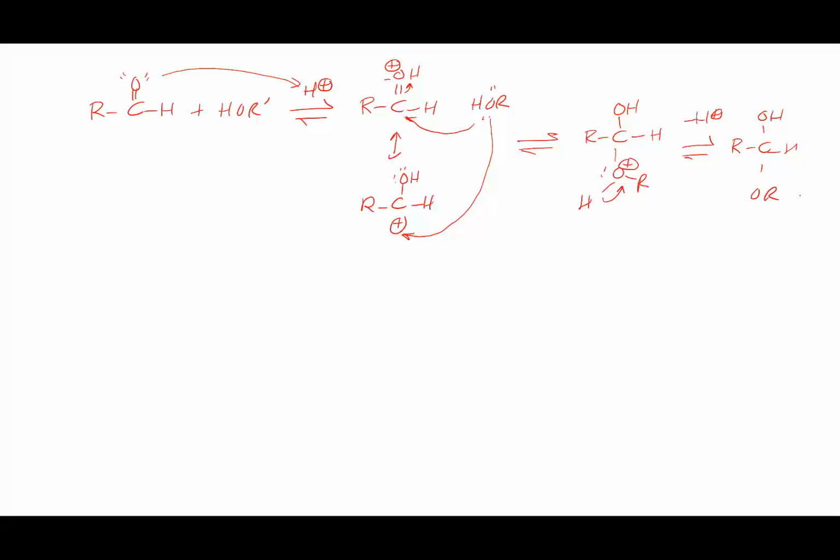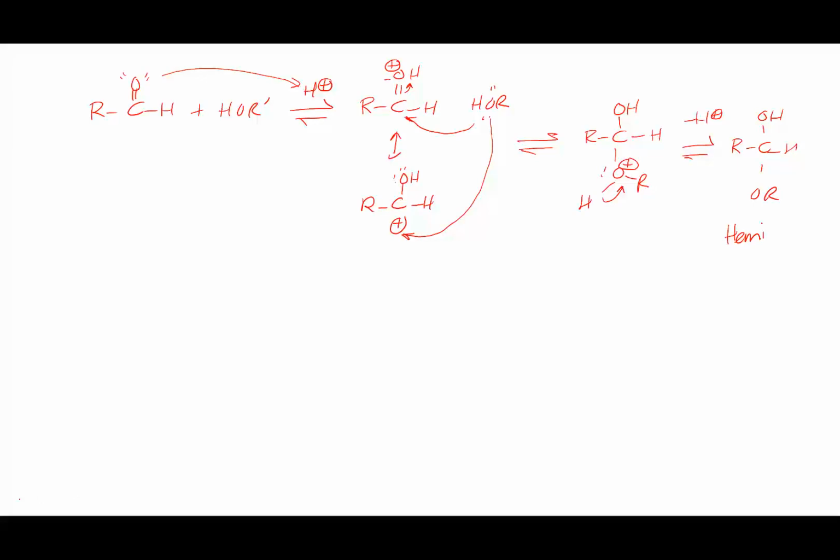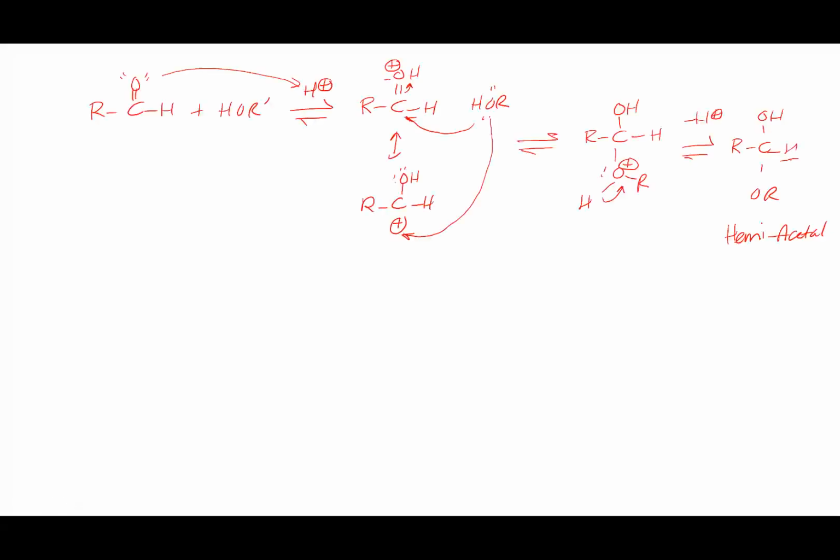Okay, now this compound has a name, and it starts with hemi, which means half. So this is half of what? It's going to depend on whether you react an aldehyde or a ketone. In this case, this is going to be called a hemiacetal because that molecule came from an aldehyde originally. How do I know that?